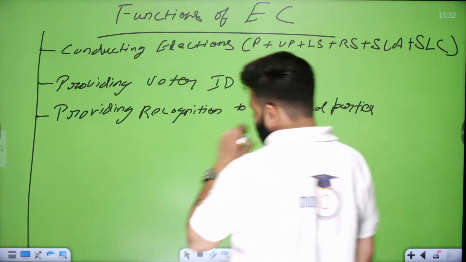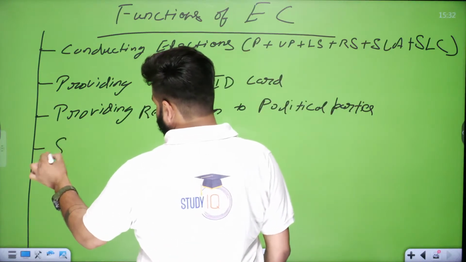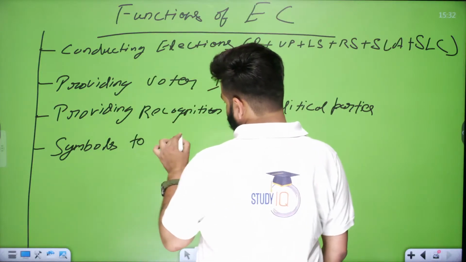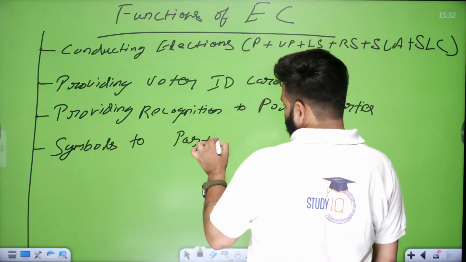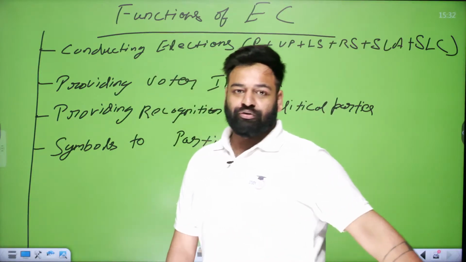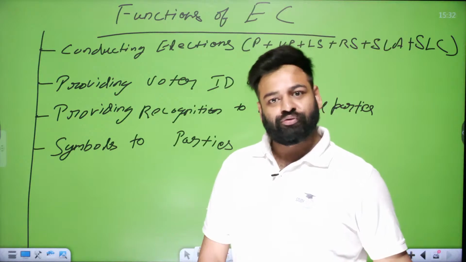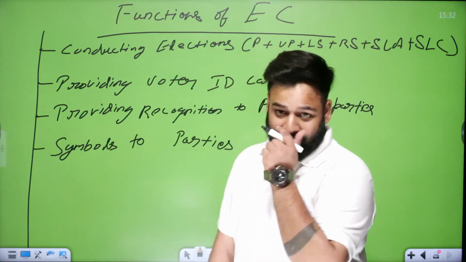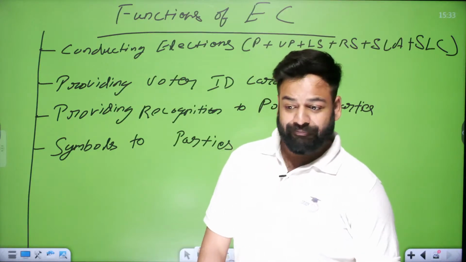Then they also provide symbols to parties, from the lotus to the hand to the elephant to the broom, everything. The symbols that our parties have are allotted to them by the Election Commission of India.